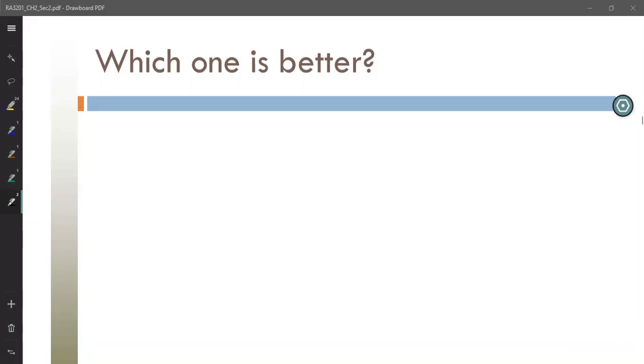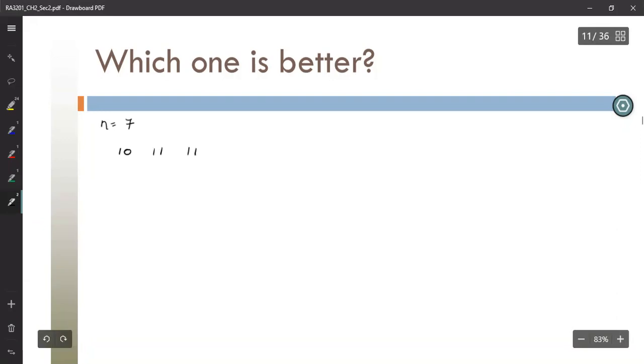I have a data set with number of observations 7. I'll give it in ascending order so it is easy. My data set is 10, 11, 11 again, 13, 14, 20, 29.